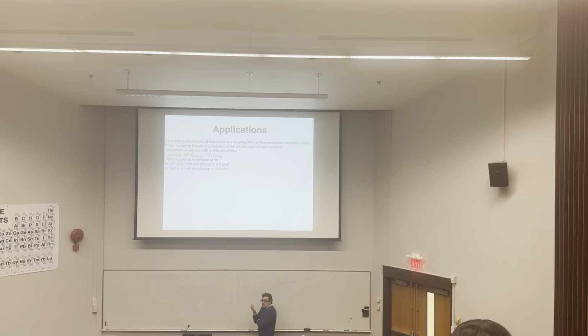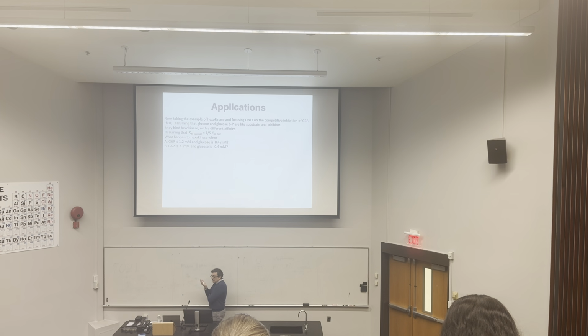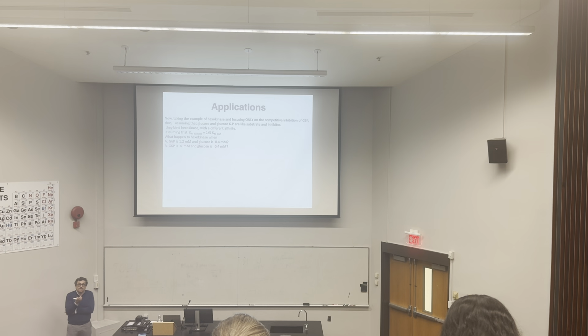So it has a much higher affinity. The enzyme has higher affinity for glucose with respect to glucose 6-phosphate. How much? Around 5 times, if we keep the proportion.